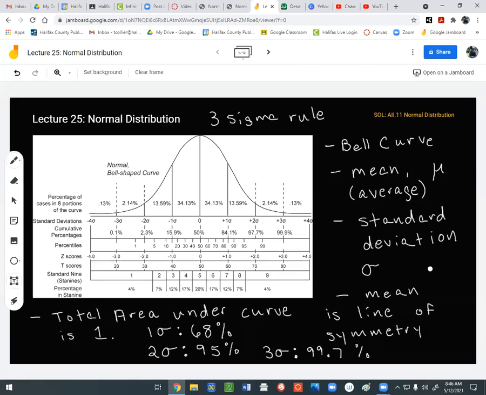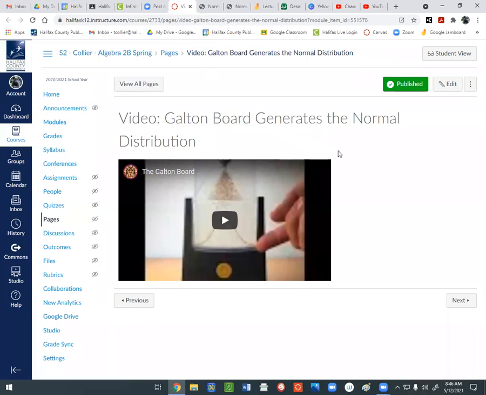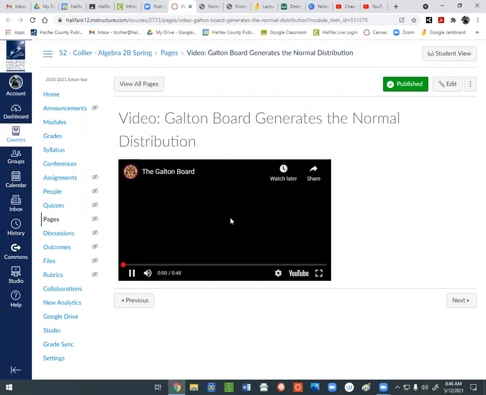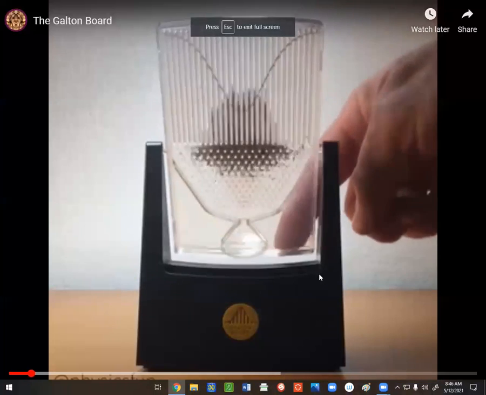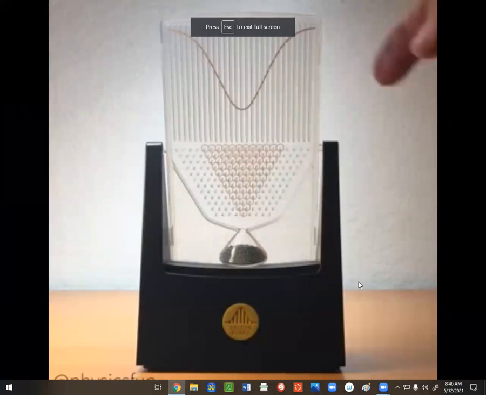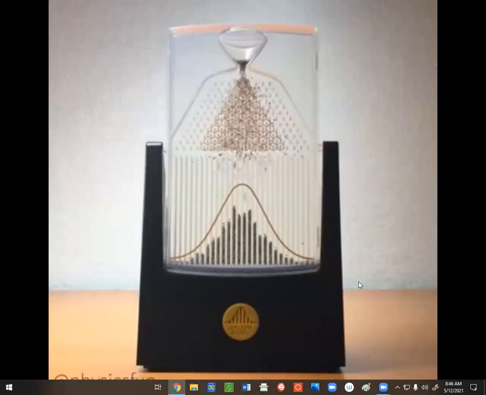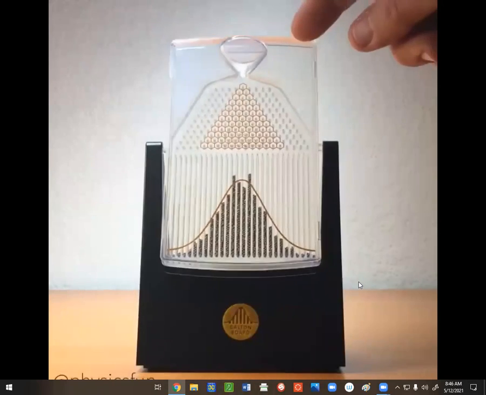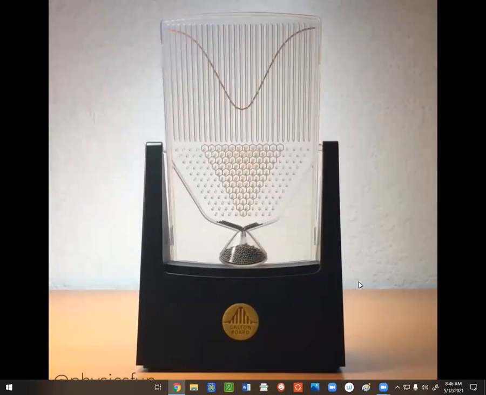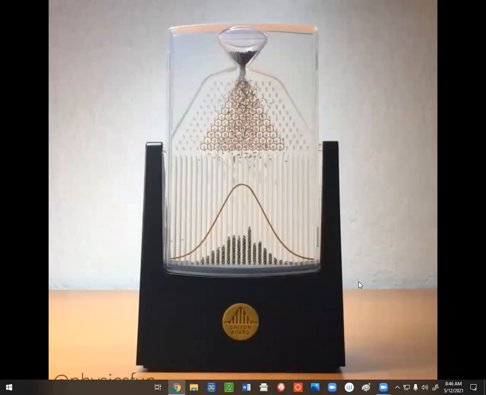We're going to hop on Desmos in a minute, and I'll show you how to use the normal distribution on there. But before that, I wanted to watch a video. This is going to be under modules, and this is called the Galton Board. I'll just play it and let you watch. So what you see here is a bunch of tiny metal balls. When he flips the Galton board, they all go back down into its container right there.